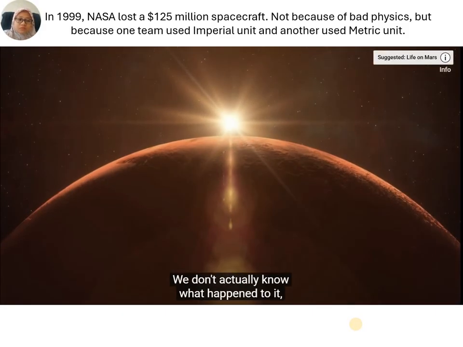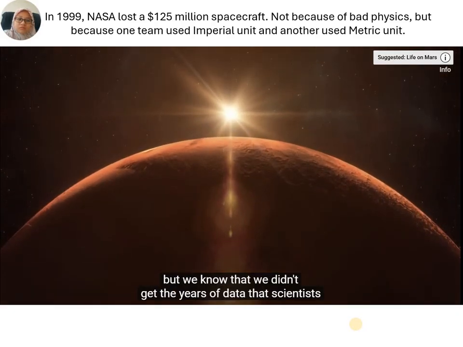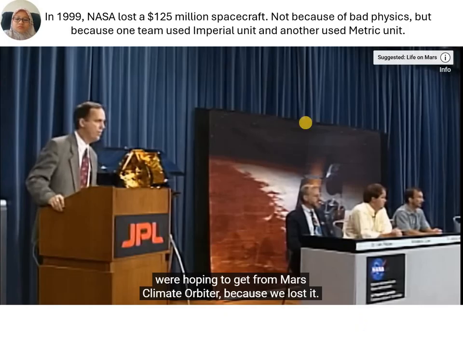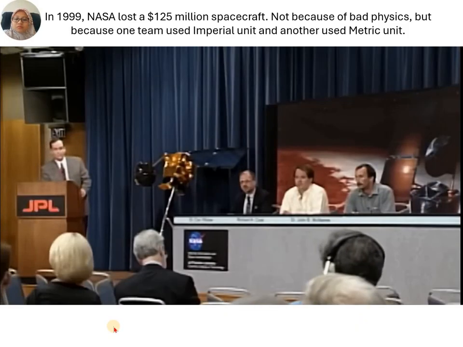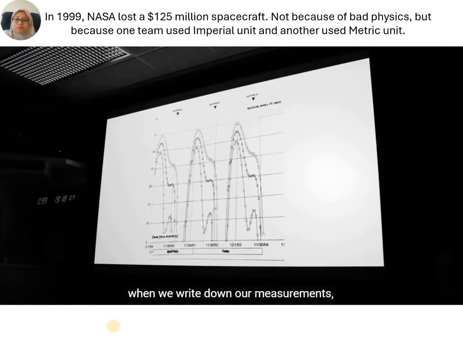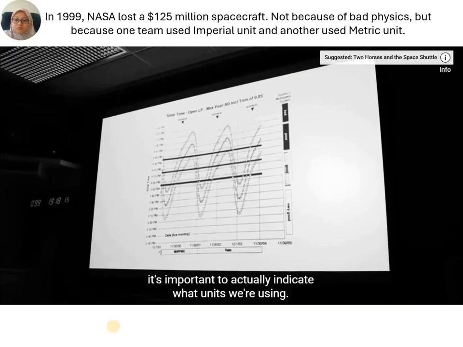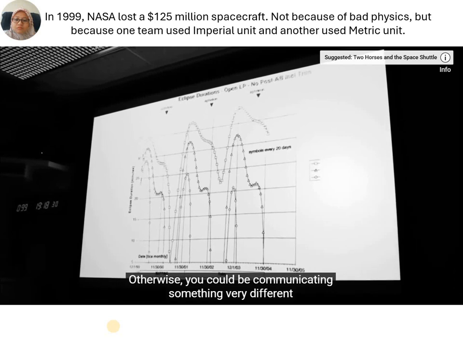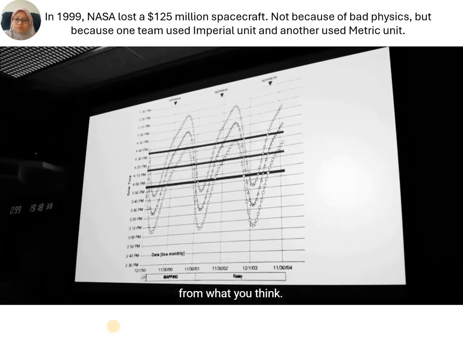We don't actually know what happened to it, but we know that we didn't get the years of data that scientists were hoping to get from the Mars Climate Orbiter because we lost it. So this is why when we write down our measurements, it's important to actually indicate what units we're using. Otherwise, you could be communicating something very different from what you think.